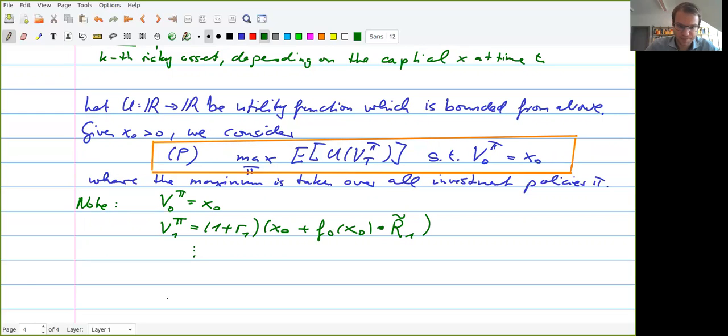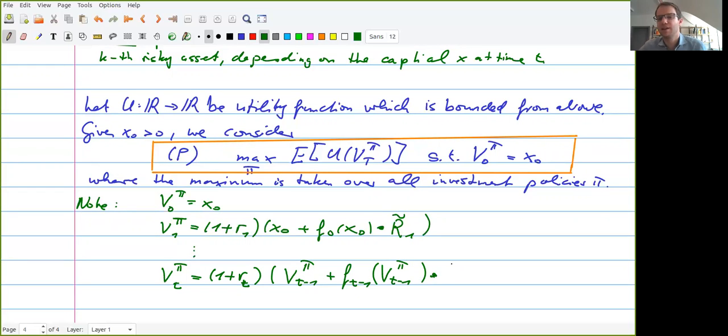And now I can iterate this procedure up to time t, or even capital T if you want to, and realize that at time t, the wealth I have is given by 1 plus R multiplied with the wealth I had at time t minus 1, and then I split up my capital into d positions based on my decision rule f t minus 1.